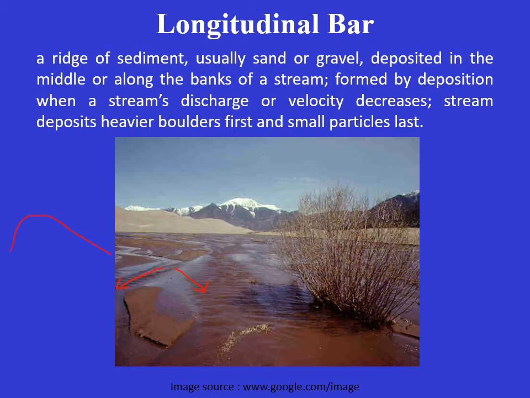River water flows from this direction to this direction, so it hits the longitudinal bar in this portion. That is why this portion becomes very steep, and erosion occurs. Whereas this is the shadow zone, so mostly deposition occurs and this part becomes a gentle slope. So this one is the longitudinal cross profile of the longitudinal bar.